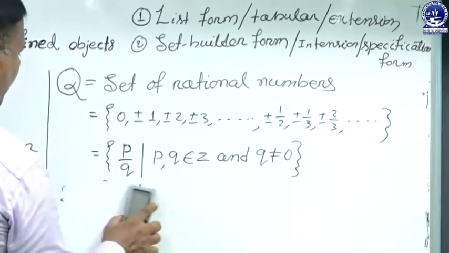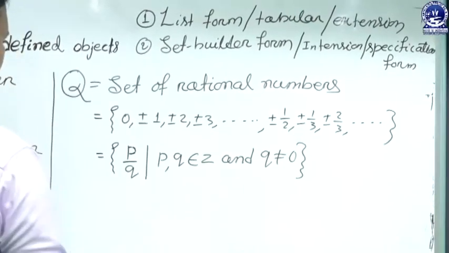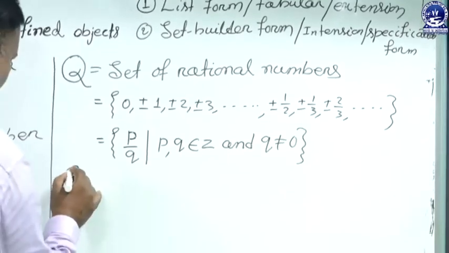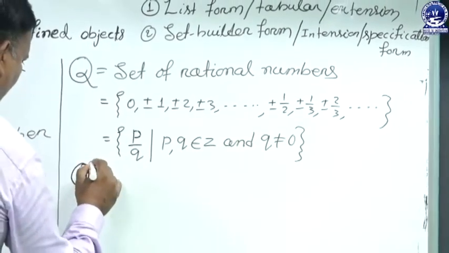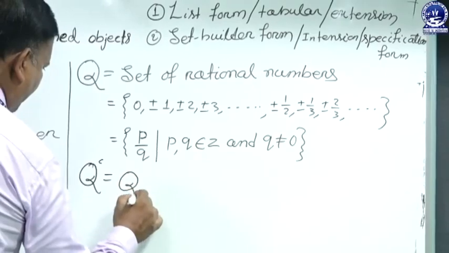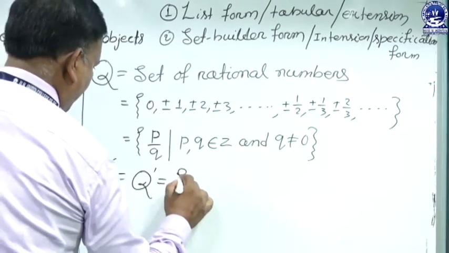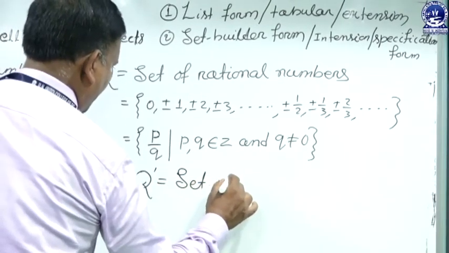Next we discuss the irrational numbers. Q complement or Q dash, Q prime, the set of irrational numbers.